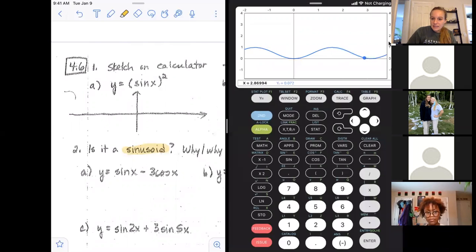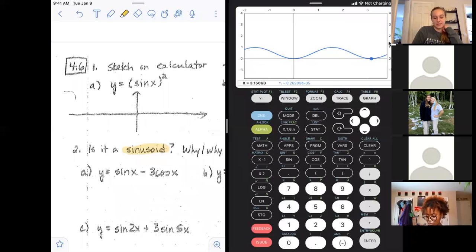It hits the x-axis again around 3.1 something. And if you remember, pi is the same thing as 3.14. So it hits 0 at 0, 0, and then it comes up and then it comes back down at pi.